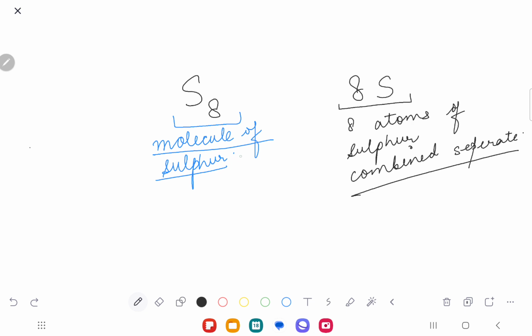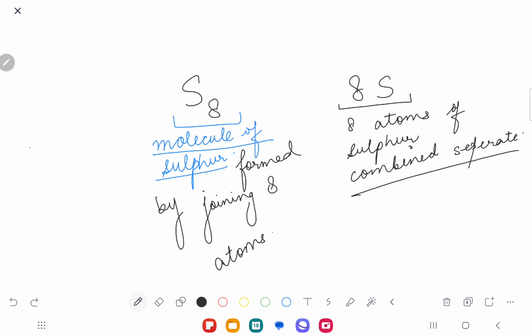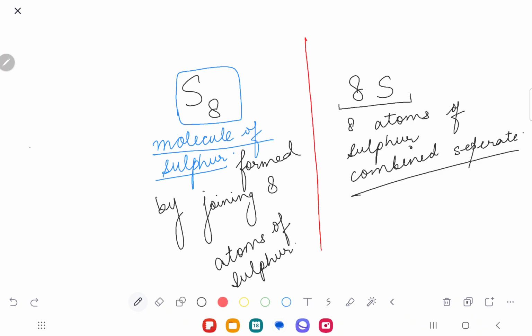So here, a molecule of sulfur is formed by joining 8 atoms of sulfur. Yes or no? That is the concept. Any doubts in this? All right.